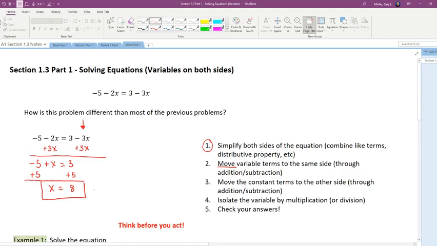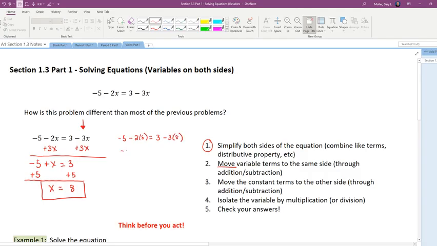I really am doing a poor job of reminding you to check your answers, because it feels like an extra step, and we're all confident that we're smart and we do things right. But really, there is nothing stopping us from checking our work by plugging the 8 in and getting our answer. So let's check this one real quick. Negative 5 minus 2 times 8 equals 3 minus 3 times 8.